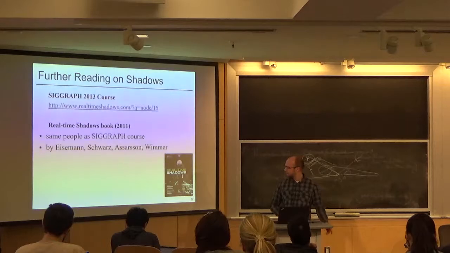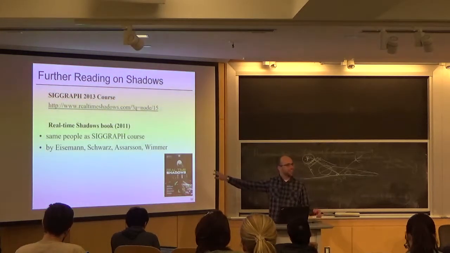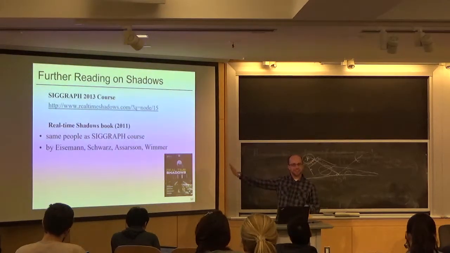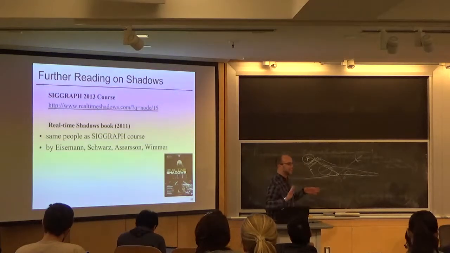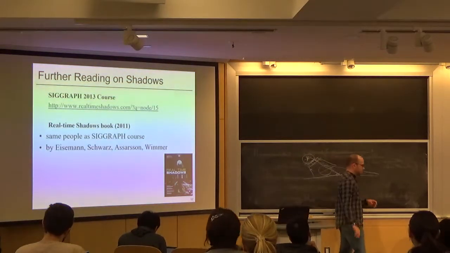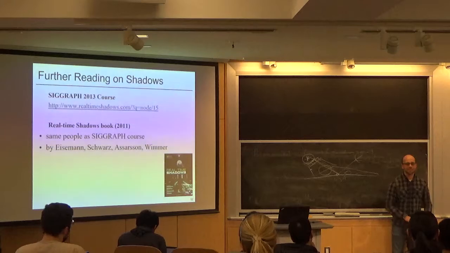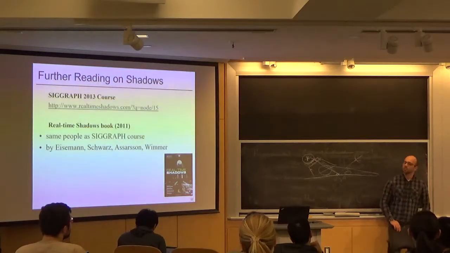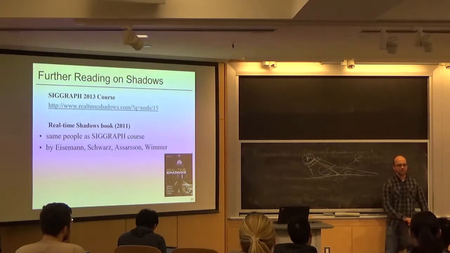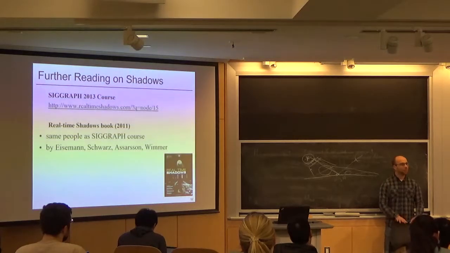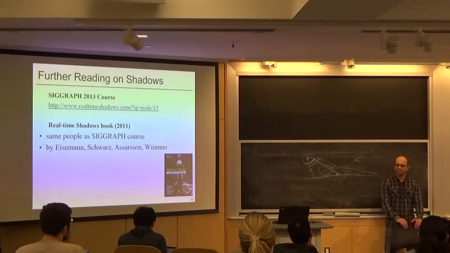Oftentimes what you'll see in these demos of shadows, buyer beware. A lot of times when you go to GPU companies, I won't name any names, they'll advertise that they can do certain shadow algorithms at real-time rates, and often that's true if literally the only thing happening in your graphics system is drawing shadows.